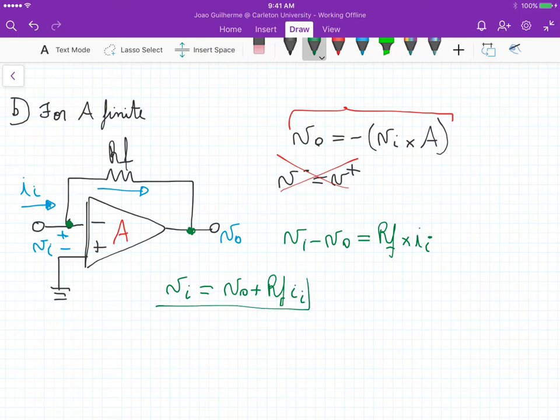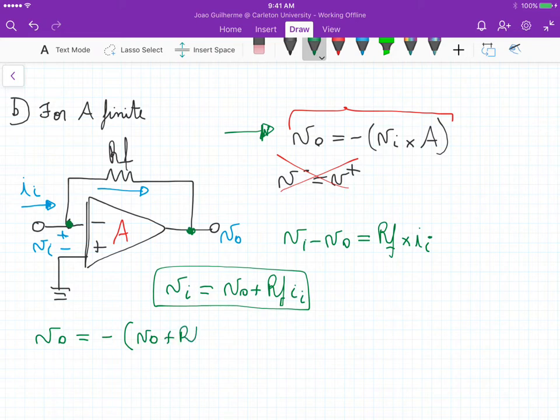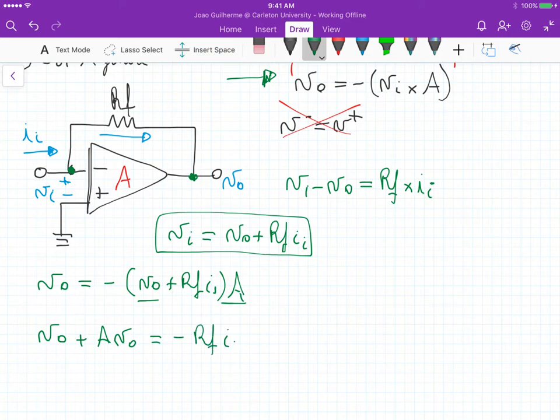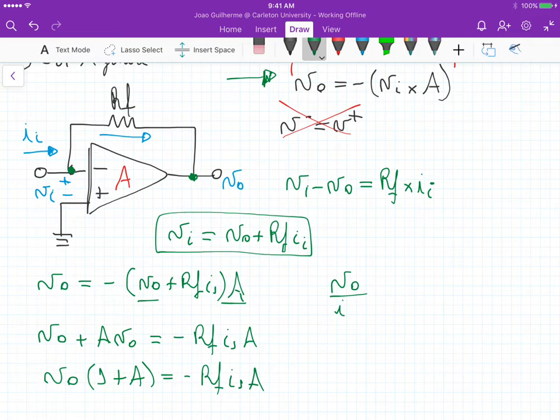And if we substitute this equation here and this one up here, we get that V out is equal to minus, in parentheses, V out plus RF times the input current, times A. Now if we isolate V out, basically V out plus A V out should be equal to minus RF Ii A. So 1 plus A times V out should be equal to minus RF Ii A. Now if you remember, the transresistance is V out over the input current.